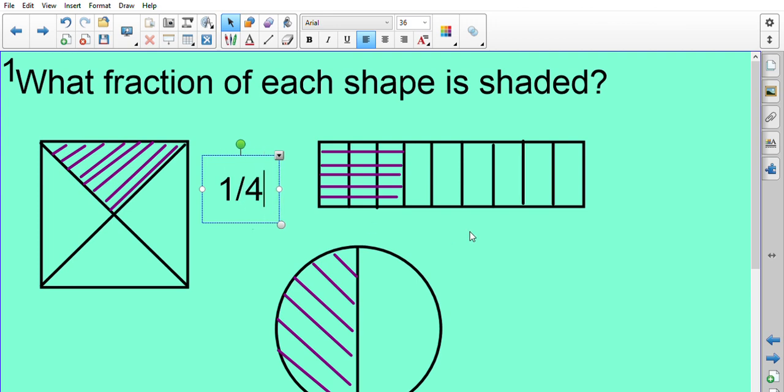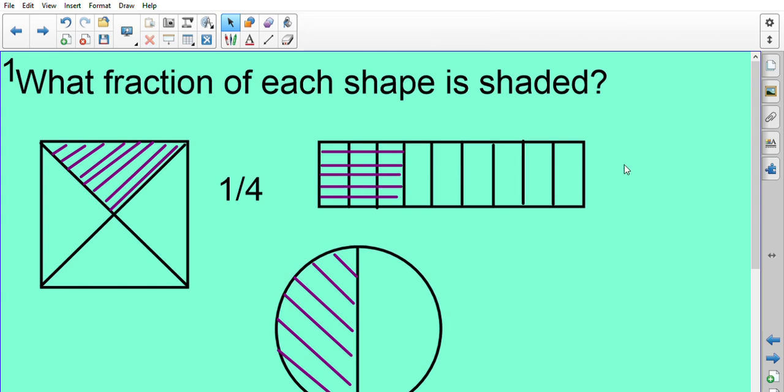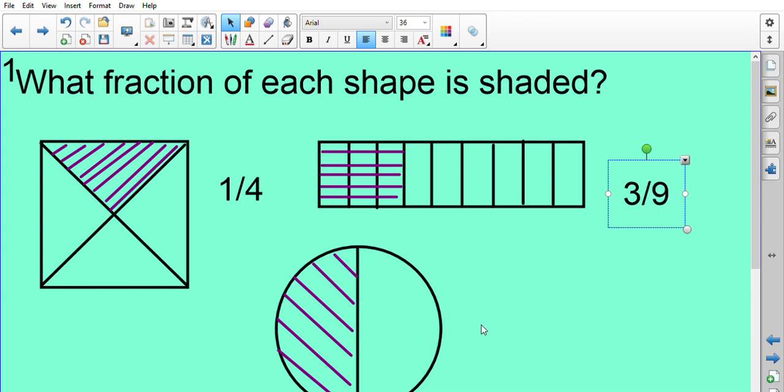In this shape we've got 1, 2, 3, 4, 5, 6, 7, 8, 9 equal parts, and we've got how many shaded? We've got 1, 2, 3, so this one is 3 out of 9. And this circle here, we've got how many equal parts? 1, 2, and 1 out of 2 is shaded, which is a half.